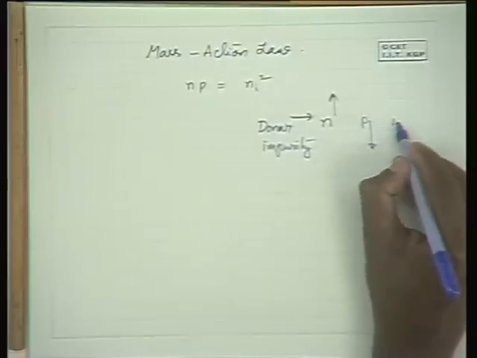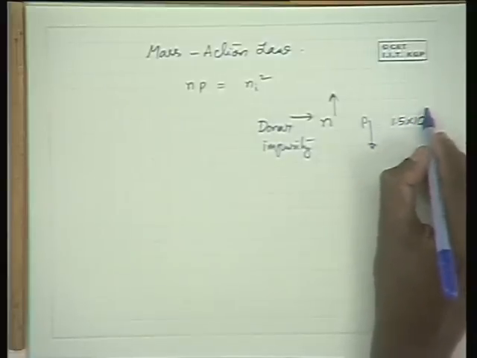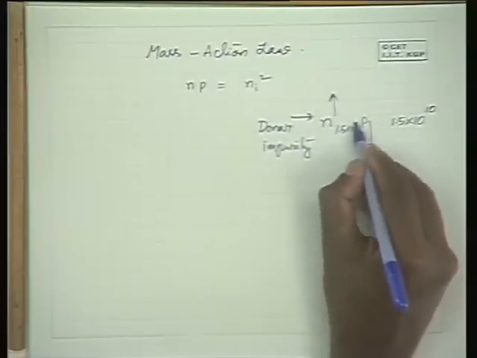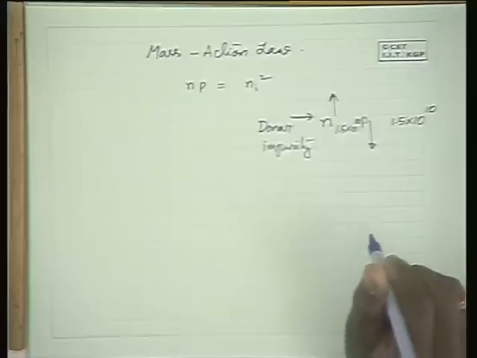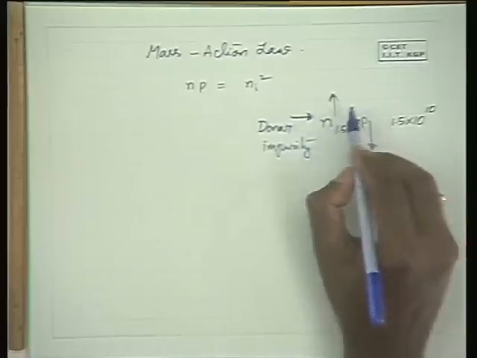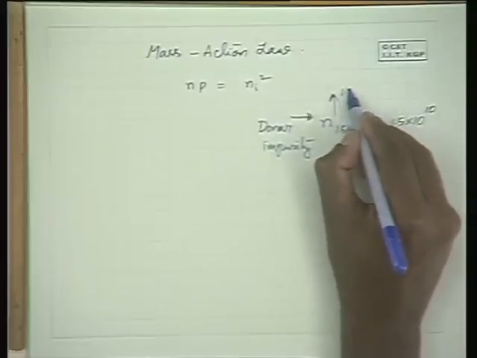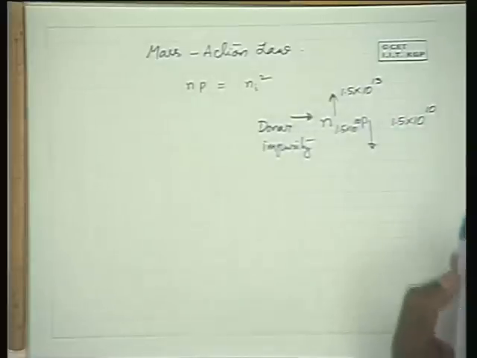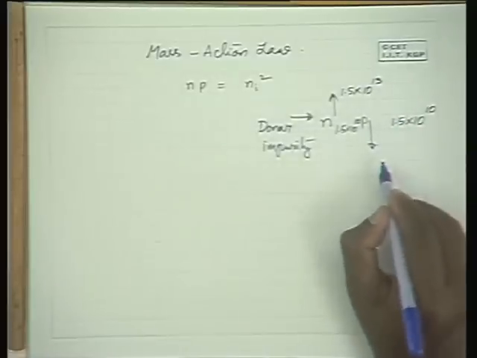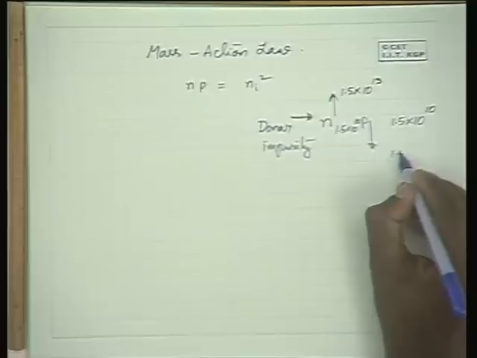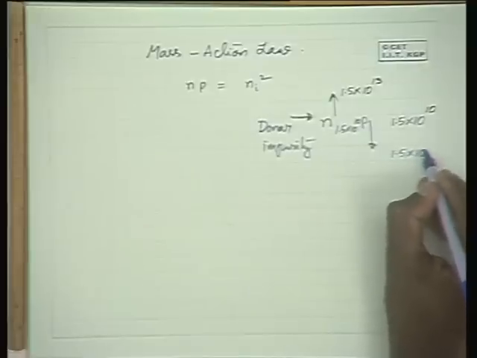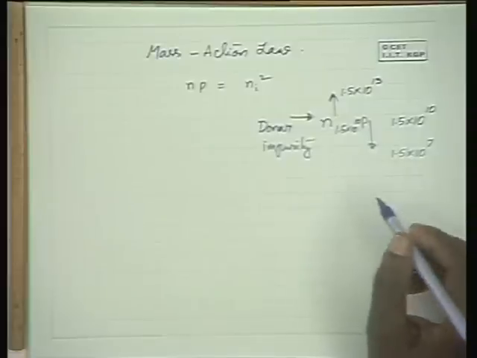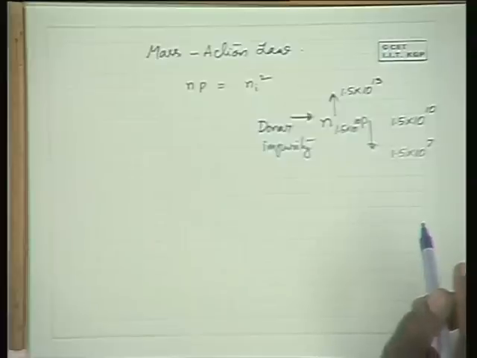If the hole concentration and the free electron concentration before impurity addition is something like 1.5 into 10 to the power of 10, and by doping, say you raise it by 1000 times, that means 1.5 into 10 to the power of 13, what happens to the hole concentration? It drops to 1.5 into 10 to the power of 7. It drops by a factor of 1000 times, where the electron concentration rises by a factor of 1000 times.